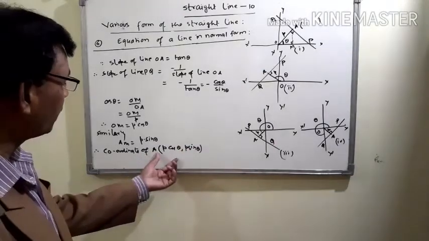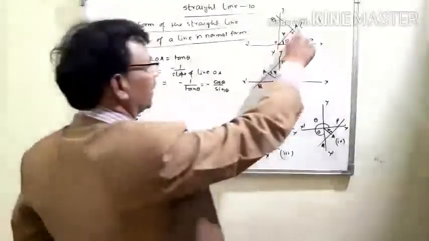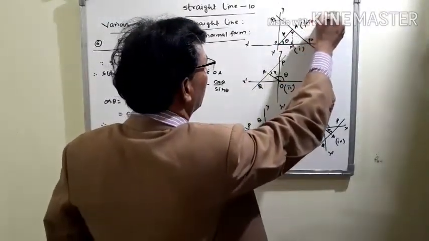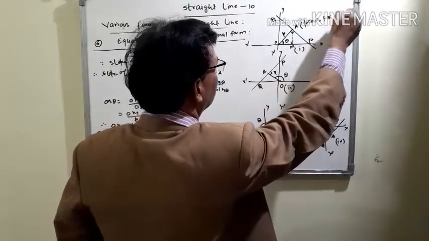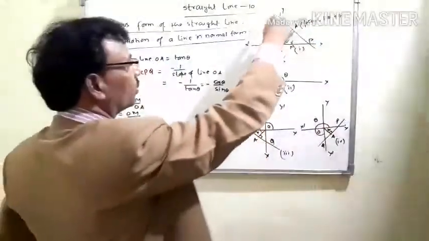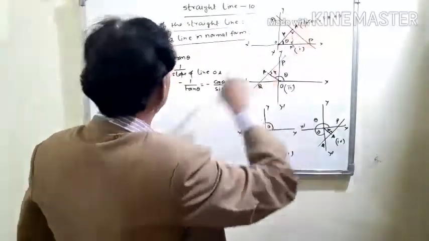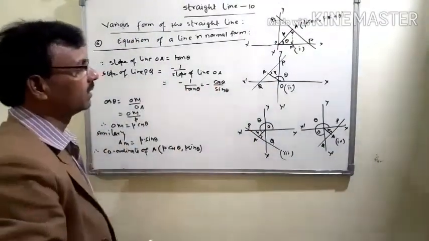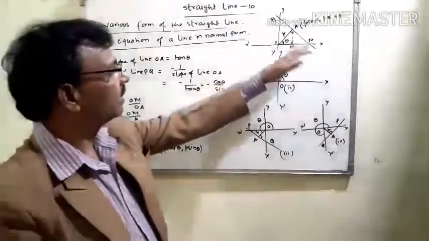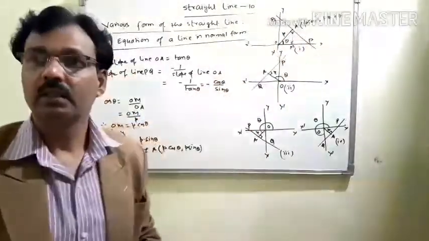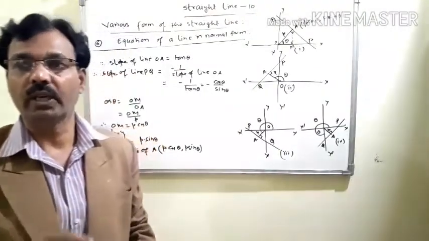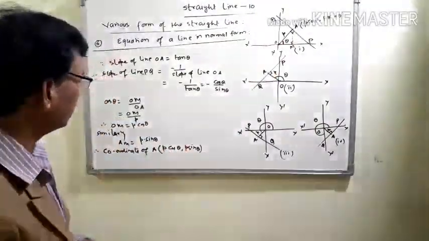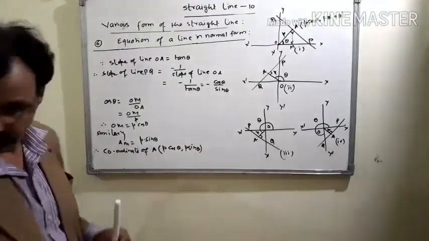Now we have found the coordinates of A, p cos theta and p sin theta, and also the slope of PQ. The slope of PQ is minus cos theta upon sin theta. Now we can find the equation of a line passing through a given point with a given slope.